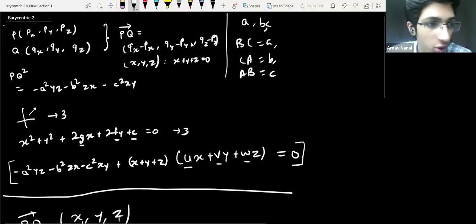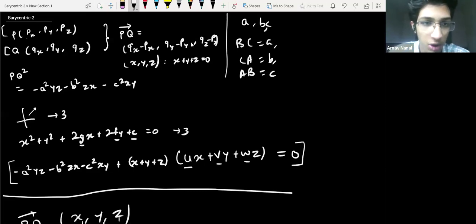So if P and Q are points whose coordinates are in homogeneous form, that is, they sum to one, then the displacement vector PQ, as we call it, is given by Qx minus Px, Qy minus Py, Qz minus Pz. We just denote this by x, y, z for the sake of convenience of writing.